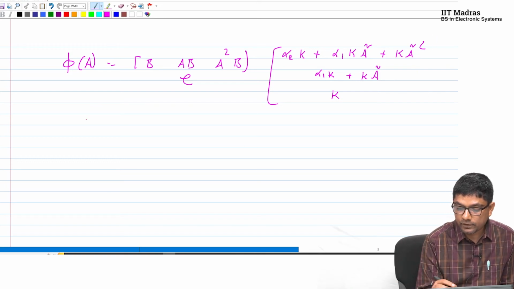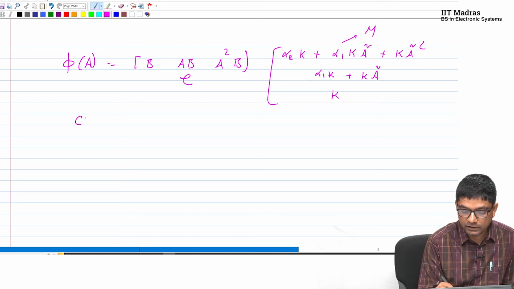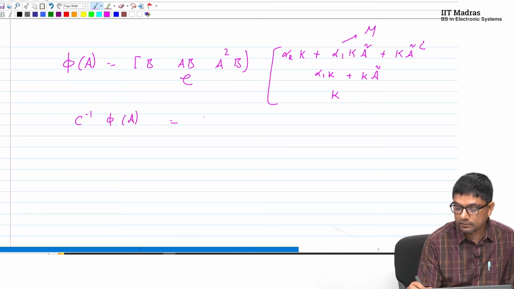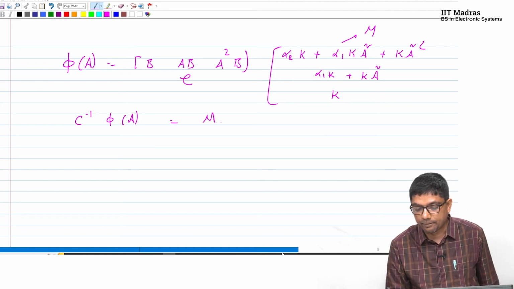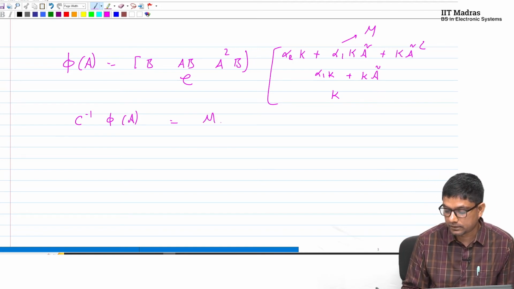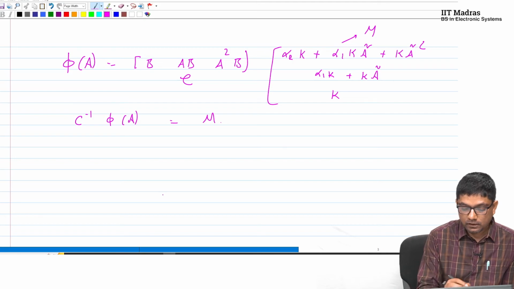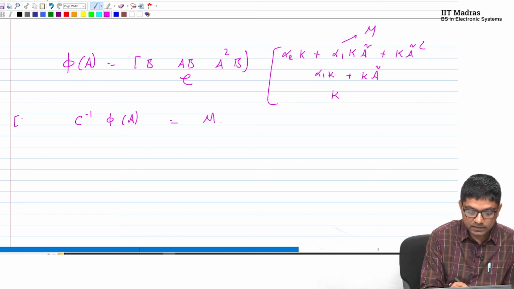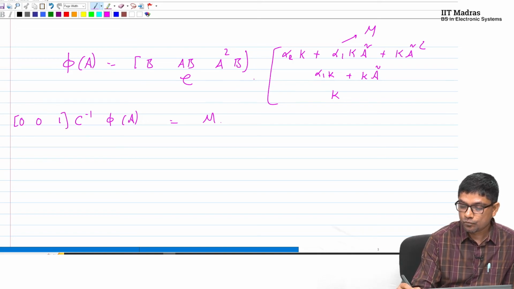Okay, the c is invertible, so let me just call this m. So, I will have c inverse phi of a as some matrix m. Now, if I left multiply with 0, 0, 1, this matrix is remaining.